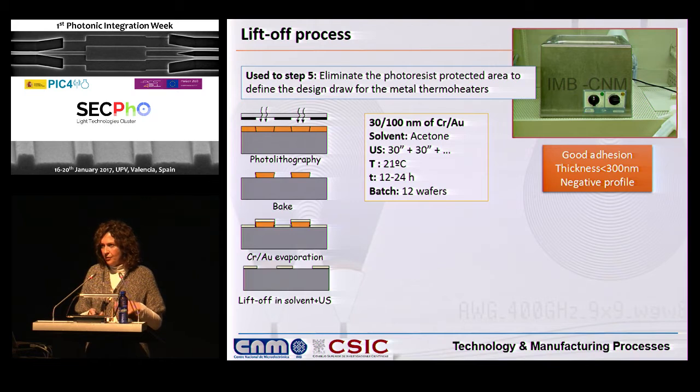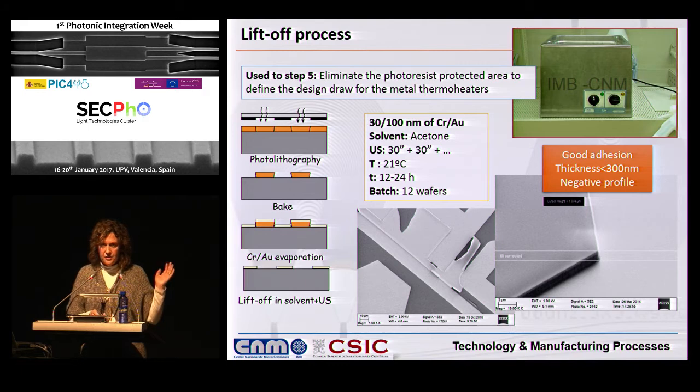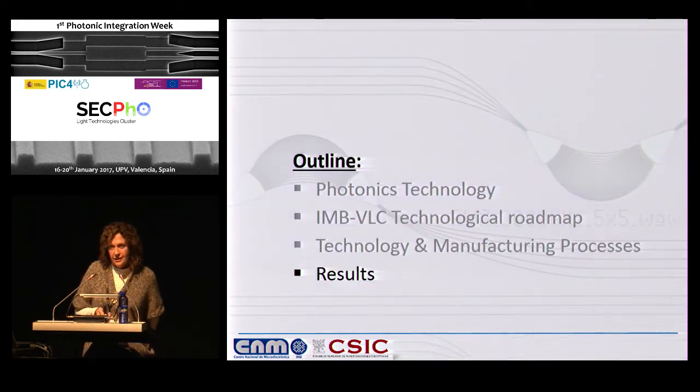And you need a negative profile to avoid some defects that I will show you in these photographs. The first one is a very good lift-off process, where you see the profile is very nice. And the second image is a lift-off process which has some problems, and it's very clear. Finally, I will give you some results obtained on the different fabrications.